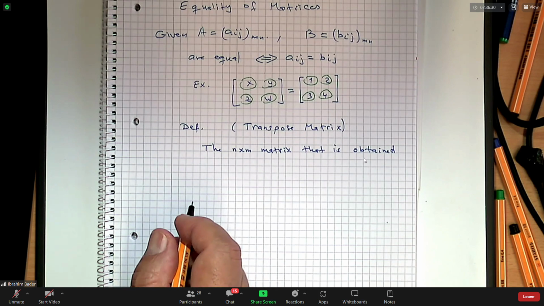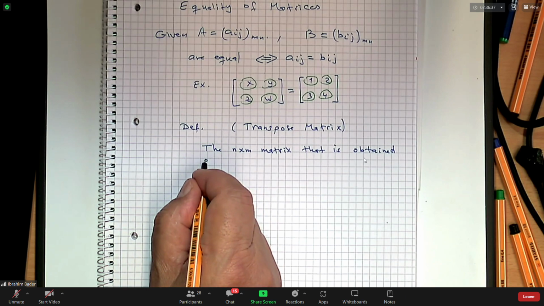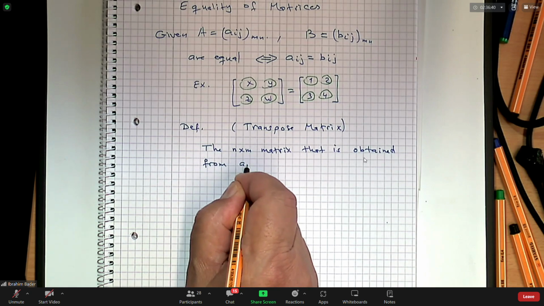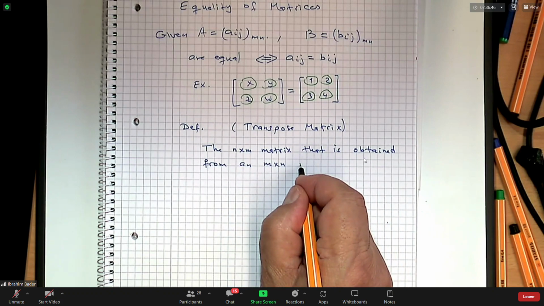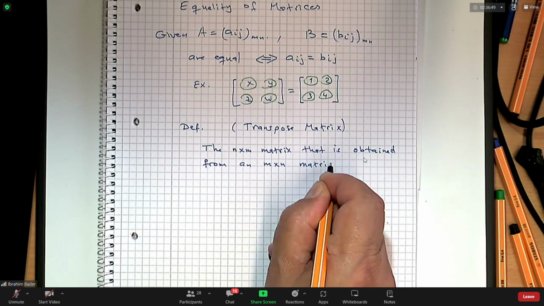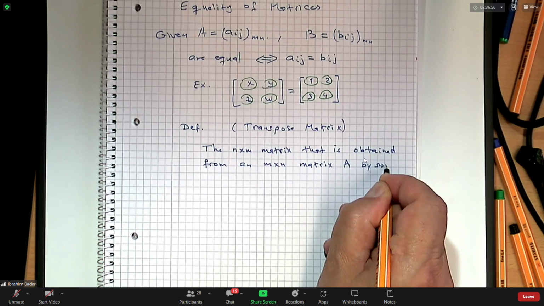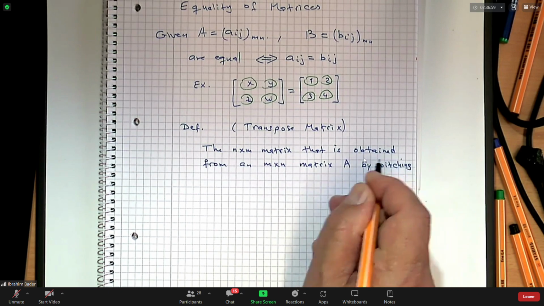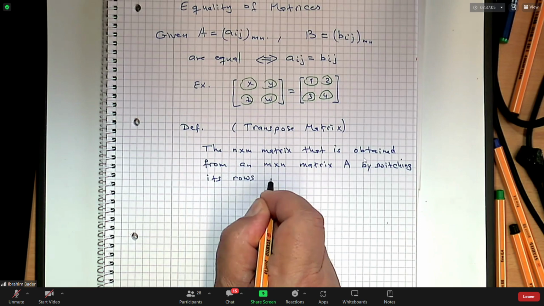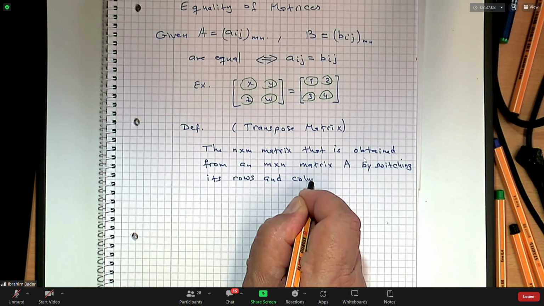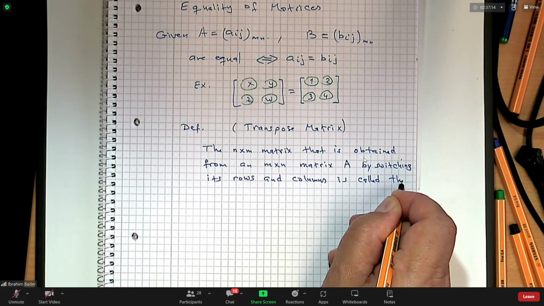The n times m matrix that is obtained from matrix A by switching its rows and columns is called the transpose.